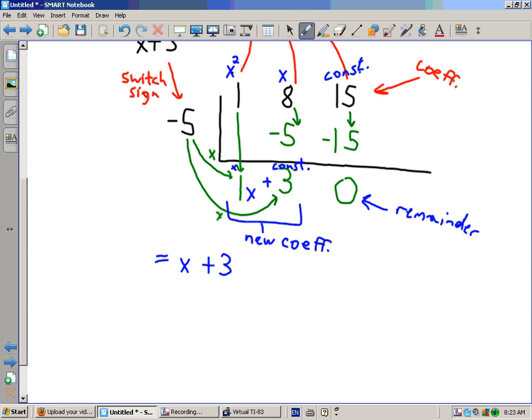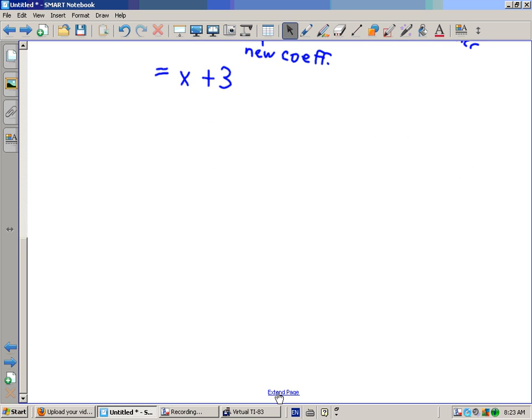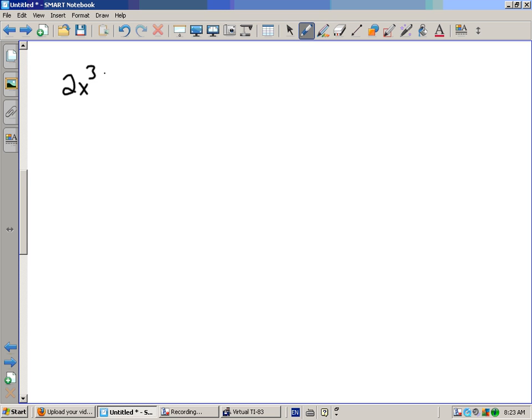We can try it again without all the arrows. There we are. 2x cubed plus x squared minus 4x minus 3 divided by x minus 1. So we do the exact same thing.